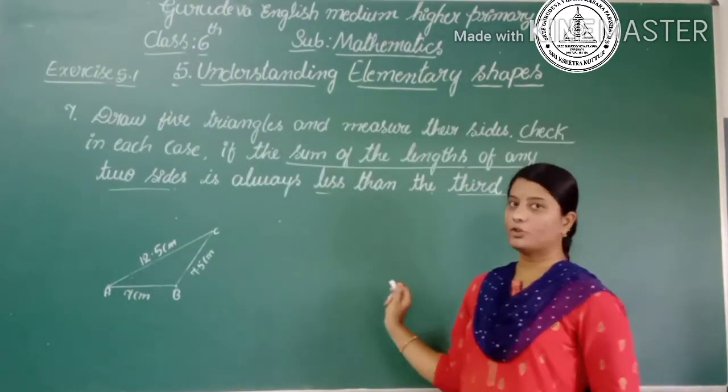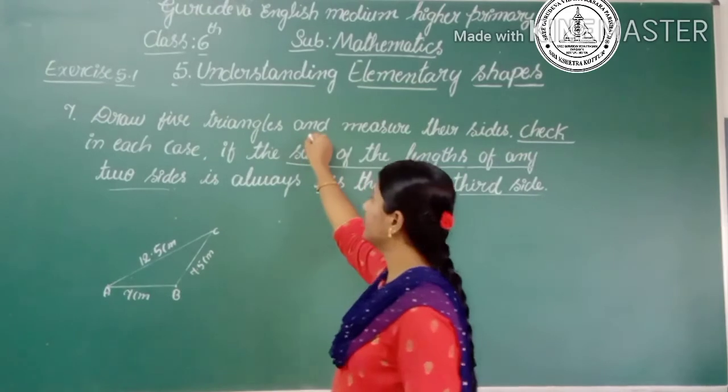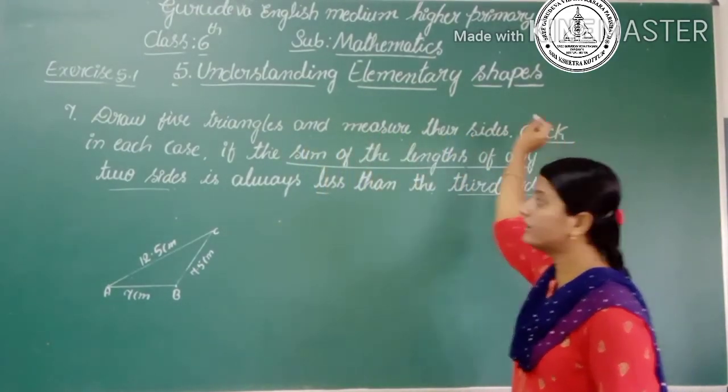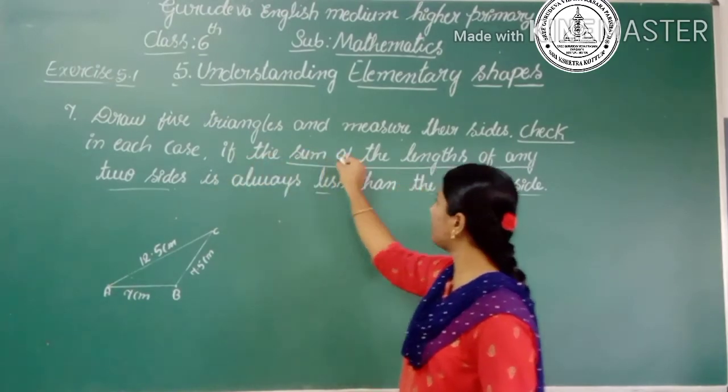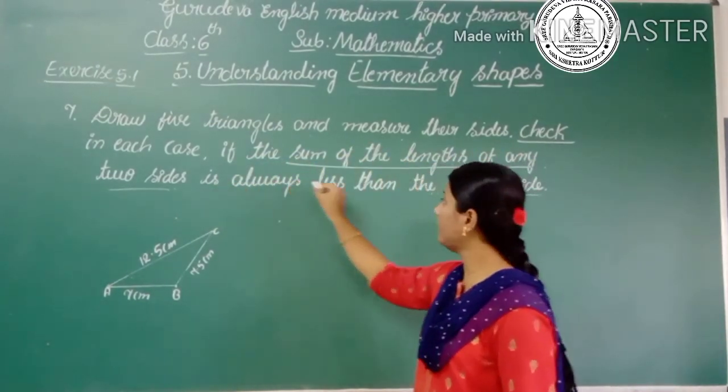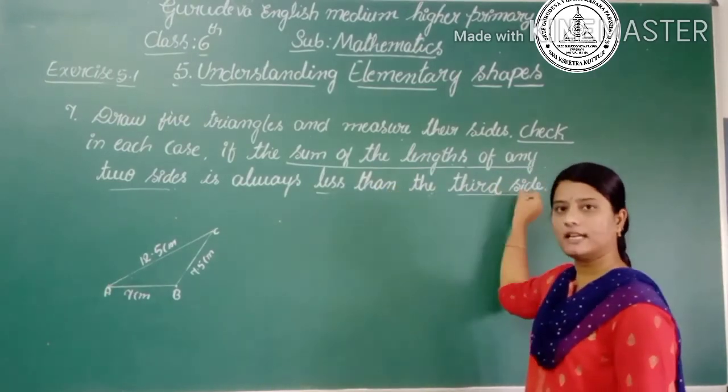The seventh question is, draw 5 triangles and measure their sides. Check in each case if the sum of the lengths of any two sides is always less than the third side.